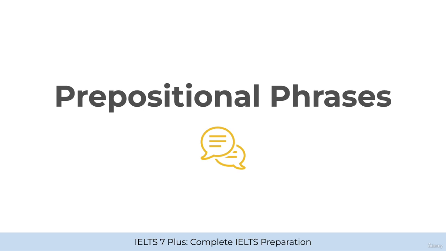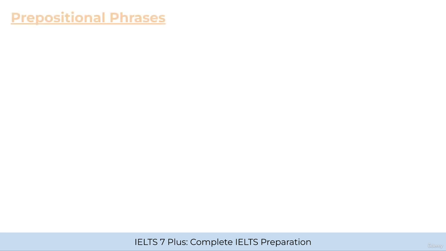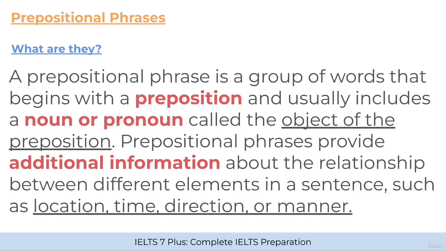So now let's step things up and think about prepositional phrases. So just like verb phrases, noun phrases, what are prepositional phrases? You might have an idea. Well, it's a group of words that begins with a preposition, but it can include a noun or, in fact, a pronoun, and that is the object of the preposition.